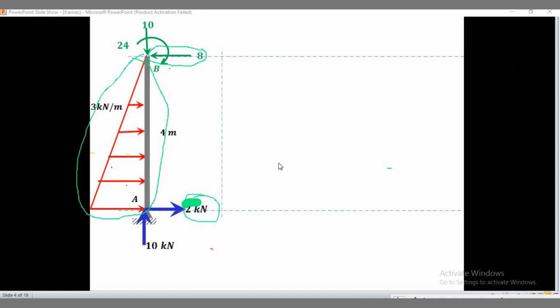So if I'm going to draw now my shear diagram, meron ako ditong 2 kilonewtons na pababa. That is negative 2. Then since that is a triangle, 1 degree curve, pagdating kay shear diagram, magiging 2 degree curve.